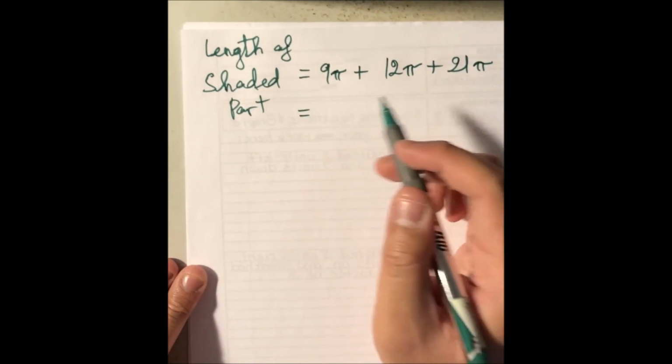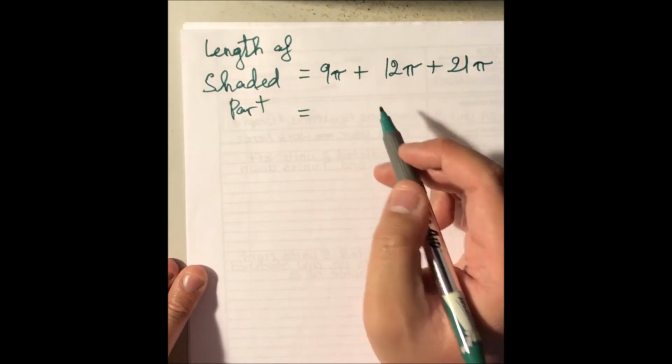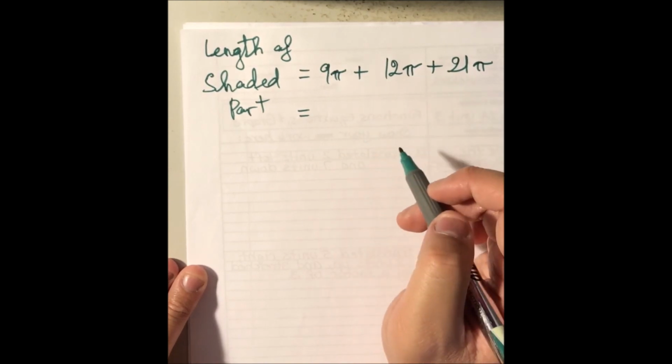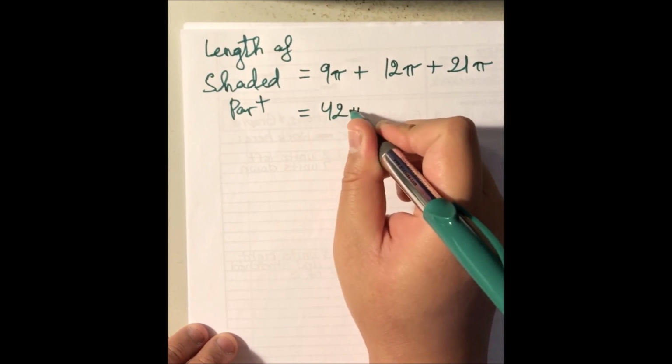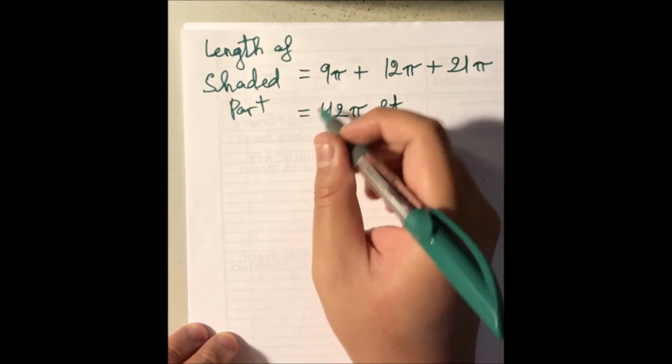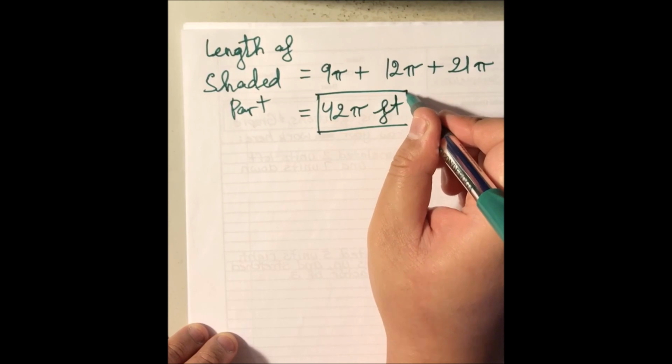From here, just combine like terms. 9 plus 12 is going to be 21. 21 plus 21 is going to give us 42 pi feet. And this is the length of the shaded region in the green.